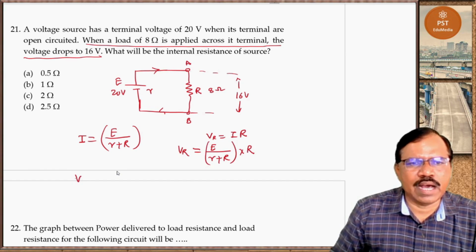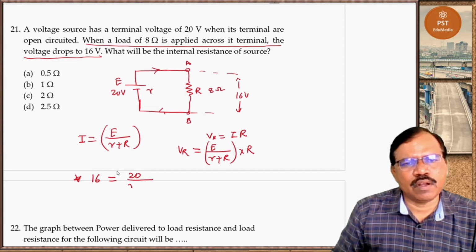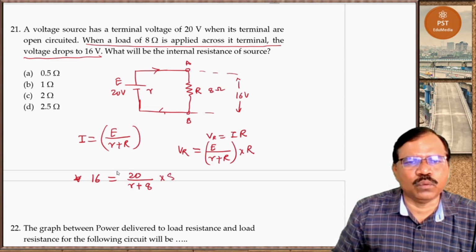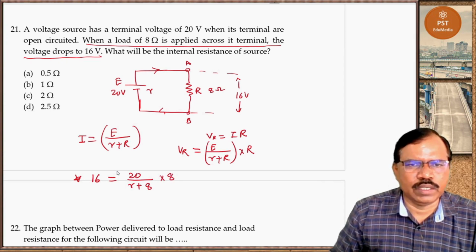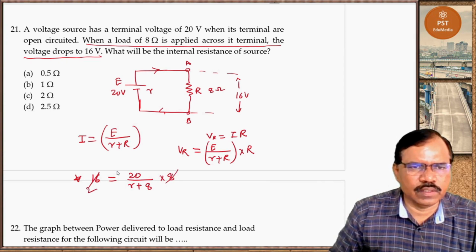Now VR is 16 volt. E is 20 volt upon R plus capital R is 8 ohm into 8. So we'll get 2.